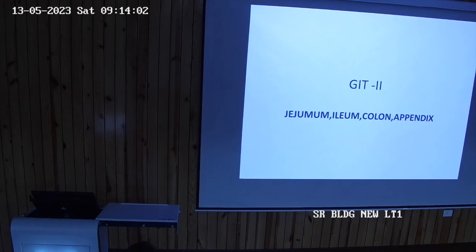When we see the small intestine, it is important to identify its parts with the microscope as well as with the naked eye. I am telling you because once you become a surgeon, you must identify the GIT when you open the abdomen.